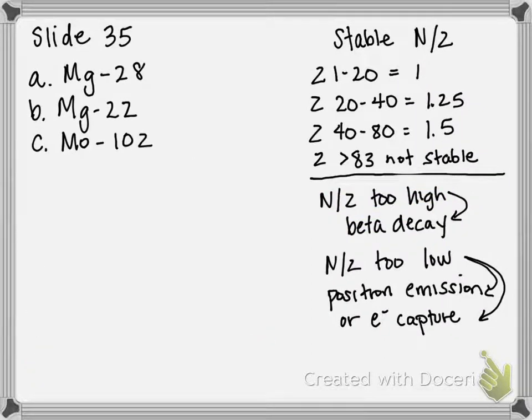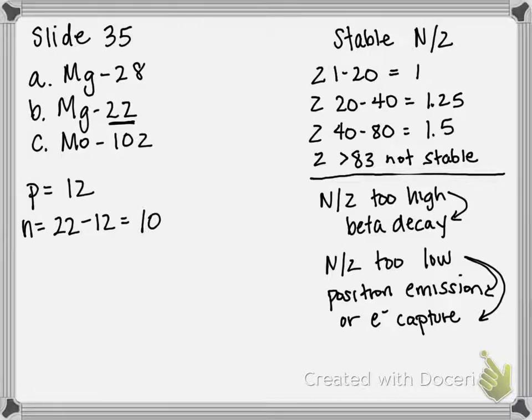For the next one, similar process here. We already know that magnesium has 12 protons. In this case, we're looking at a mass number of 22. So neutrons is going to be 22 minus 12, a total of 10.